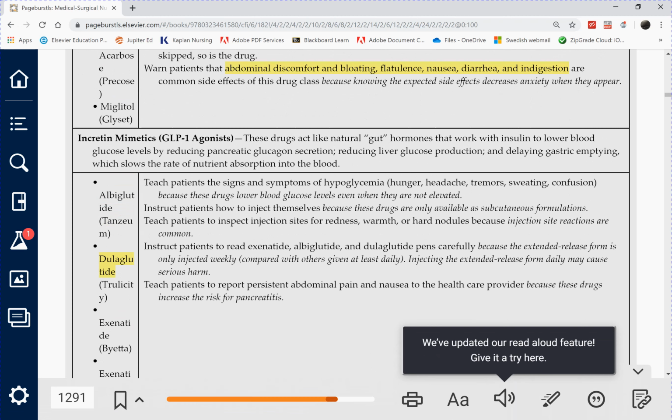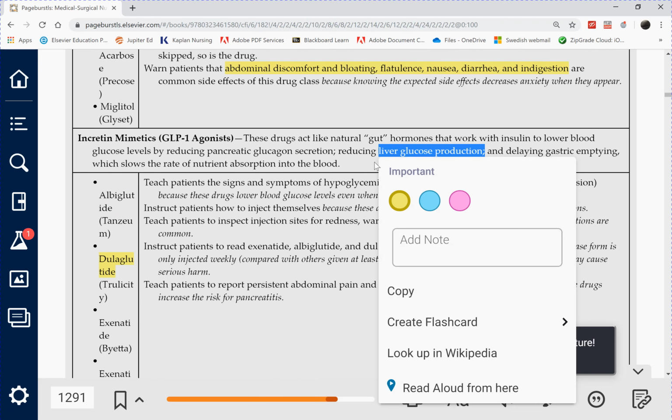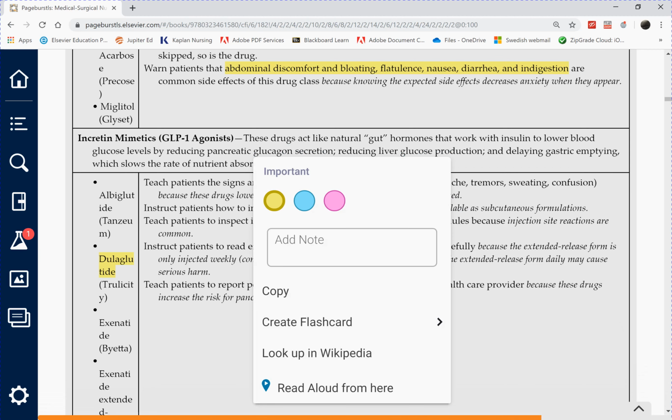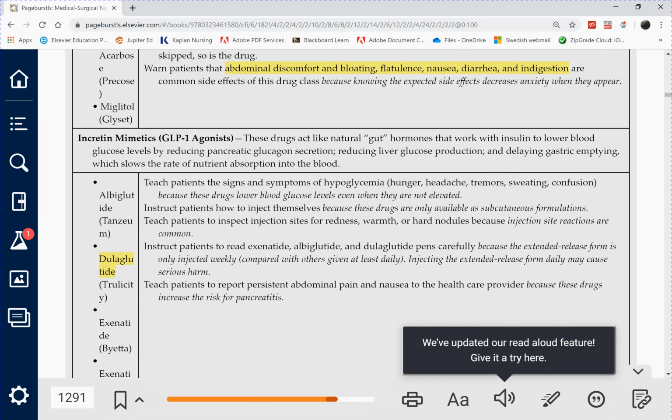They act on the liver. It reduces glucagon secretion, although it acts on the pancreas, but the action actually is on the liver still, because glucagon acts on the liver. It delays gastric emptying, thereby slowing the absorption of glucose in the GI tract.